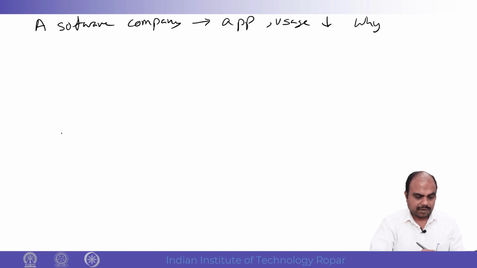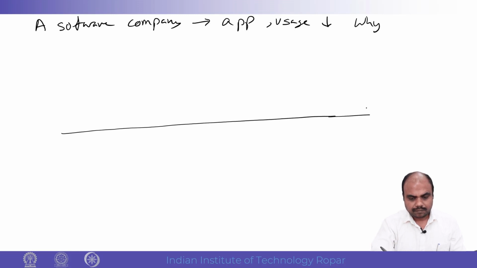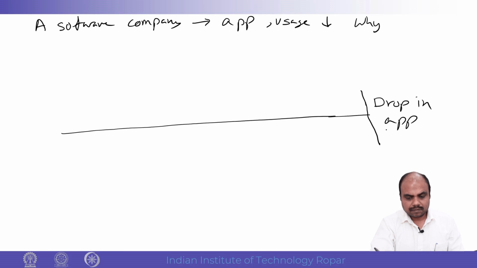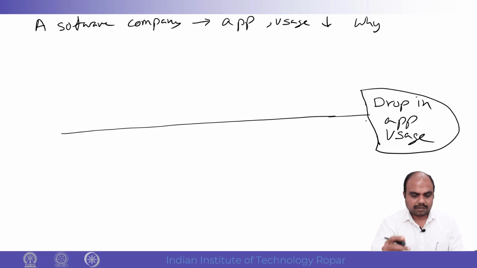So now we will have a fishbone diagram. First make the middle one, and then here we are going to write drop in app usage. And then we are going to make something like this.